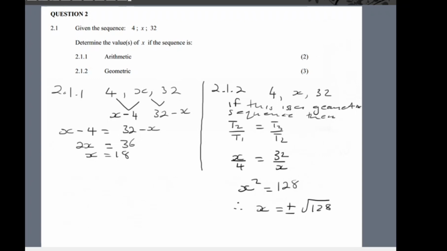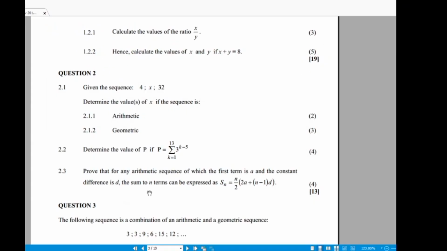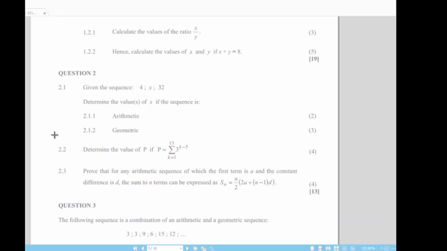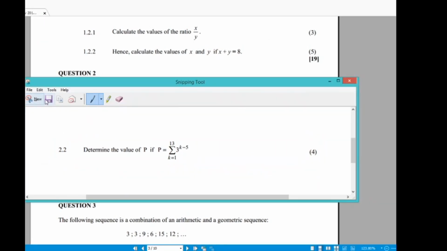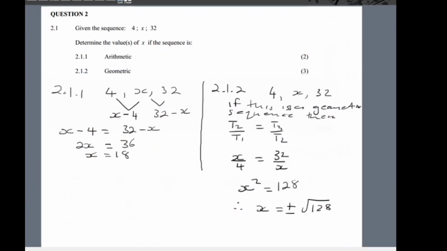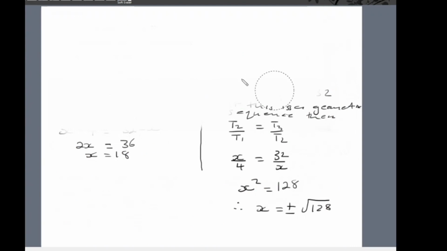Okay, moving on to the next question. So question 2.2, let's copy 2.2 to our whiteboard and create a space for 2.2.